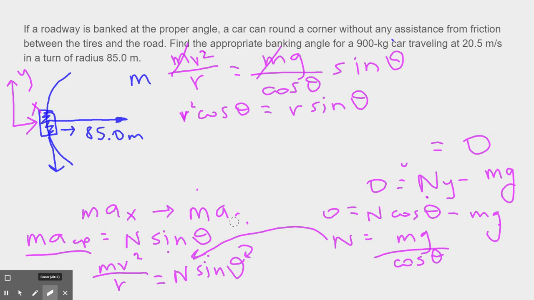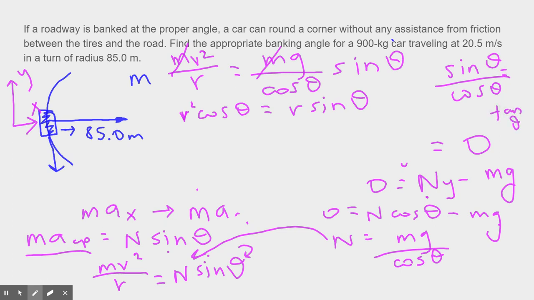We can move the sine and the cosine to the same side, and we can use the fact that sine theta over cosine theta equals the tangent of theta to our advantage.